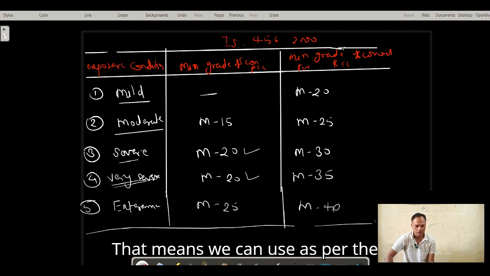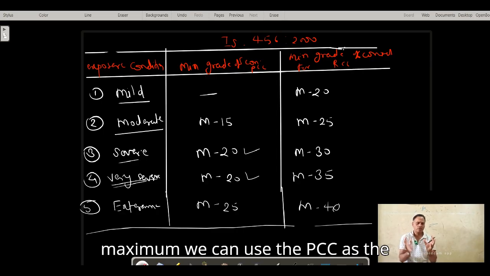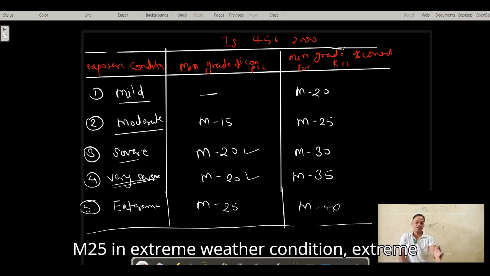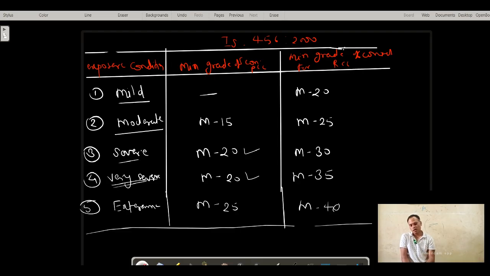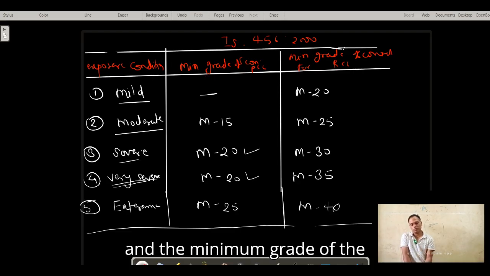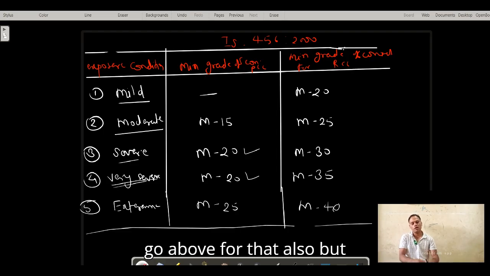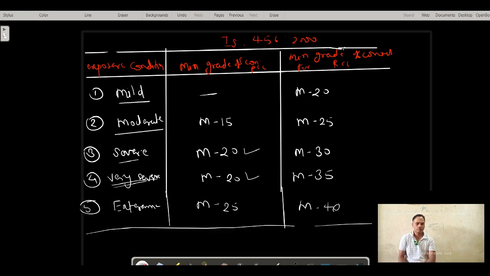That means as per IS 456:2000, we can use the PCC as M25 in extreme environmental exposure condition, and the minimum grade of the concrete for the RCC is M40. We can go above that also, but the cost will be increased.